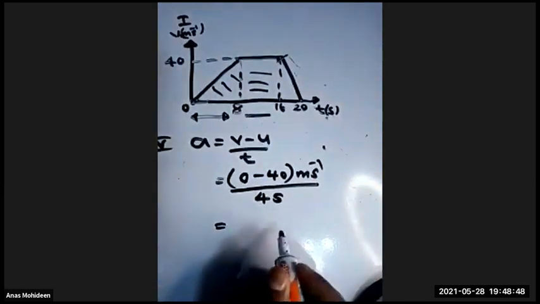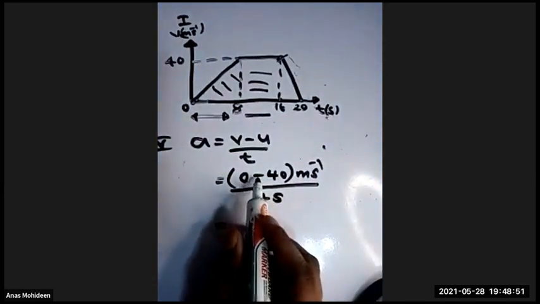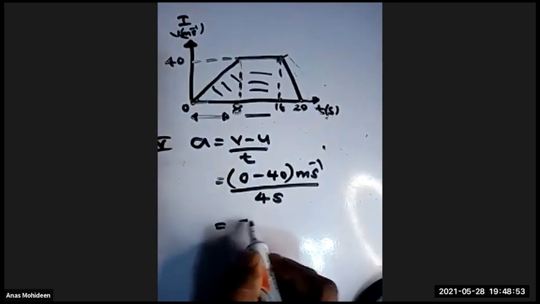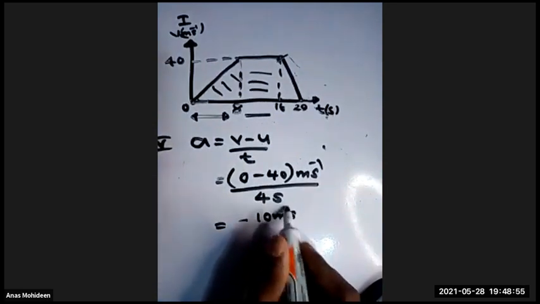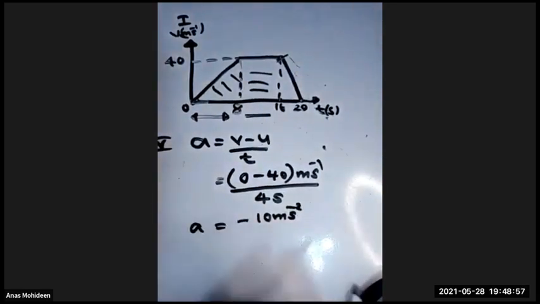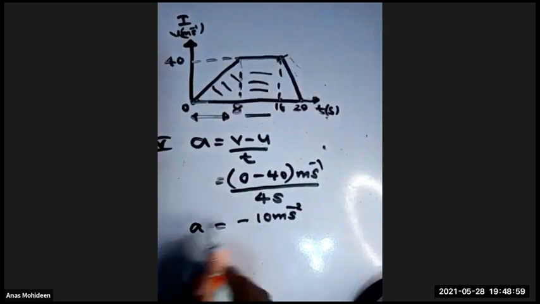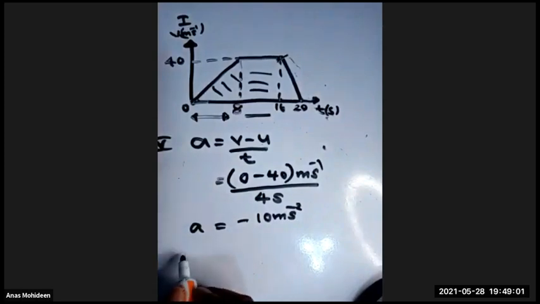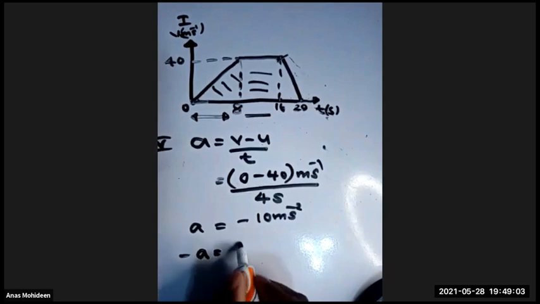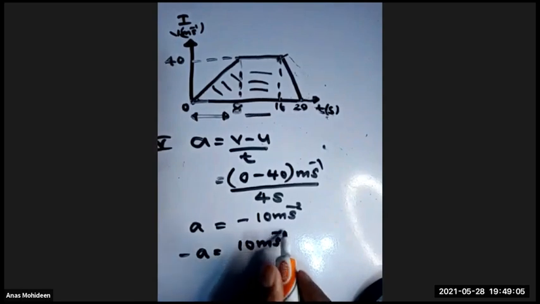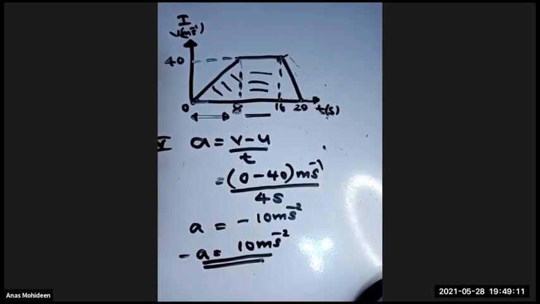So 40 divided by 4 is 10, and minus divided by plus is minus 10 ms⁻², and that is acceleration, right? So I can exchange these signs to give minus a. So minus a becomes equal to plus 10 ms⁻². That means the deceleration here is 10 ms⁻².